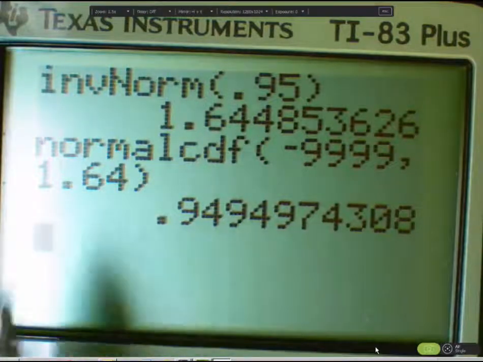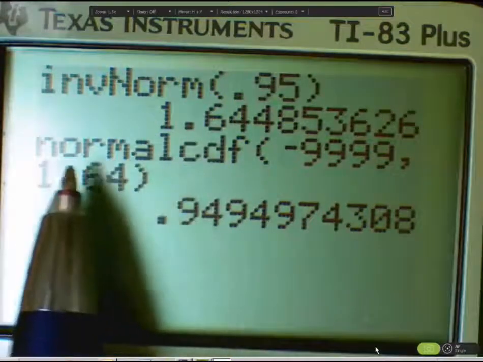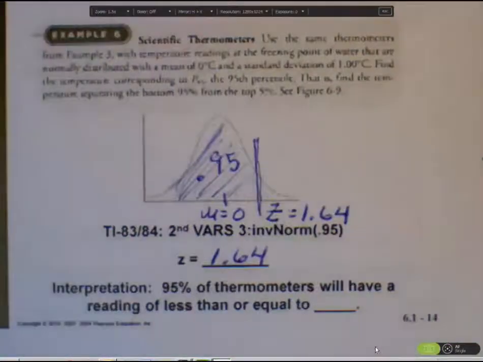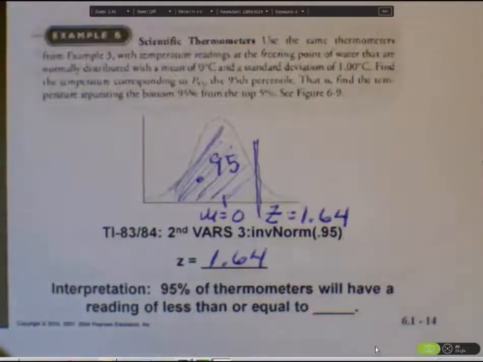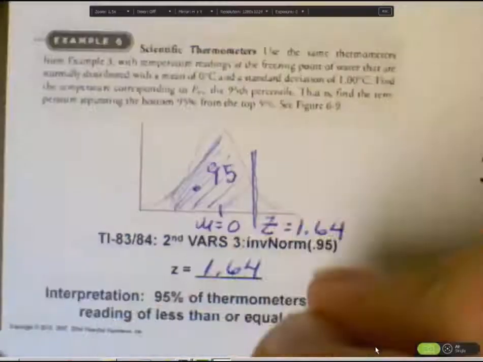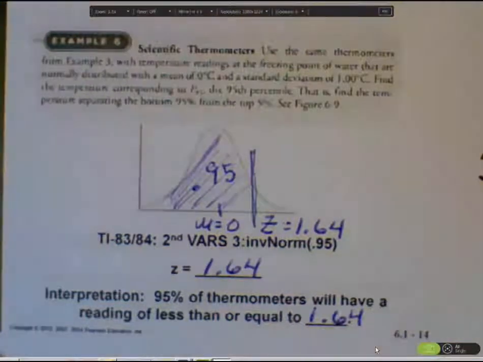You use inverse norm when you're looking for scores. You use normal CDF when you're looking for probabilities or areas. 95% of the thermometers will have a reading less than or equal to that temperature we found, 1.64.